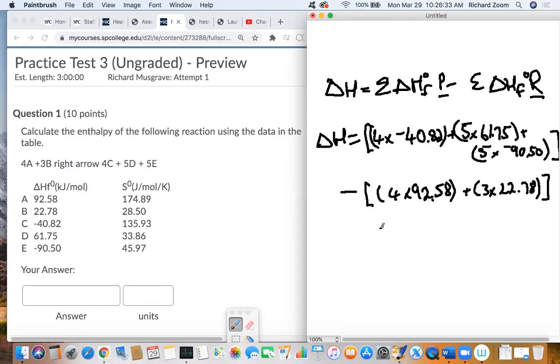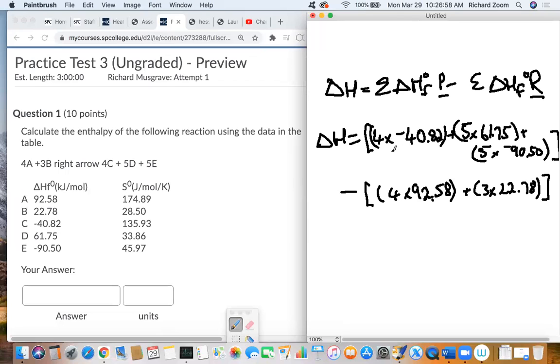Does anybody have any questions about where I'm getting any of these numbers from? Okay, then you do all the math on that. These numbers out in front, the coefficients, are all counting numbers.